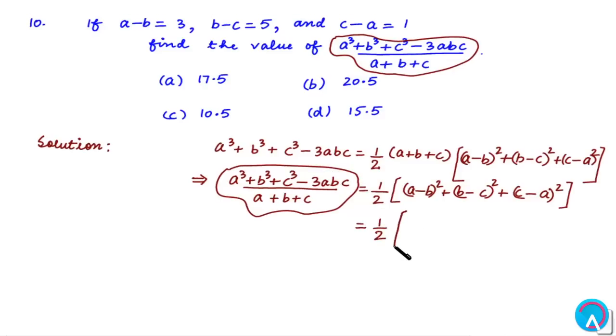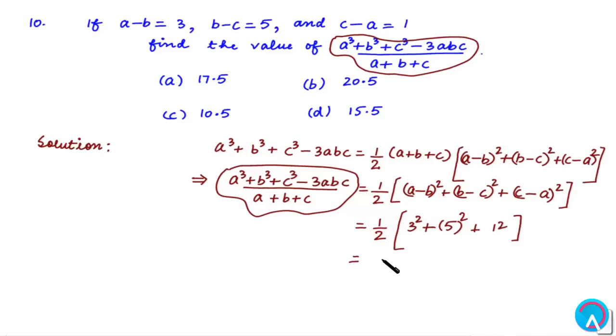Putting in the values inside the brackets here, a minus b is given as 3, so this becomes 3 square, plus b minus c is given as 5, so this becomes 5 square, plus c minus a is given as 1, so this becomes 1 square.